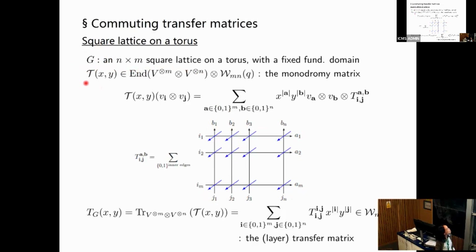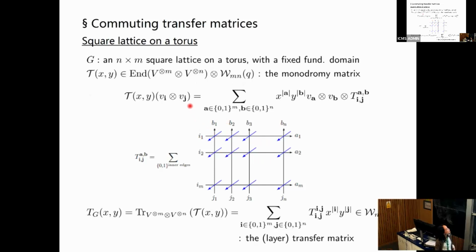And so the monodromy matrix, or layer monodromy matrix, is the operator acting on V tensor M and V tensor N. And this is a space of M and multiplication of QY algebras. So each QY algebra lives on the vertices. And if the vertices are different, they are commuting.